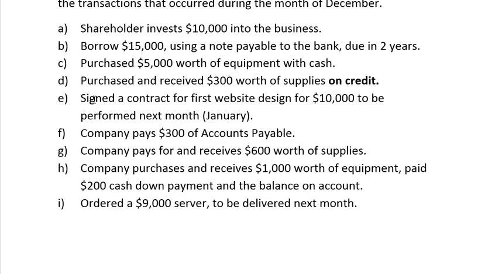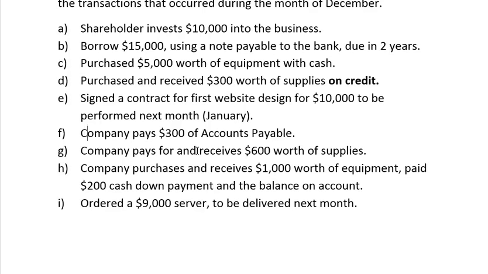You can see in E, in the month of December, she also signed a contract to do some web design for a customer, but she's not going to do the website development until next month, which is January 2016. So we'll have to talk about E and C, how we want to handle that when we do our transaction analysis. Again, we know she had some debt, so she's paying them down in F, some of them.